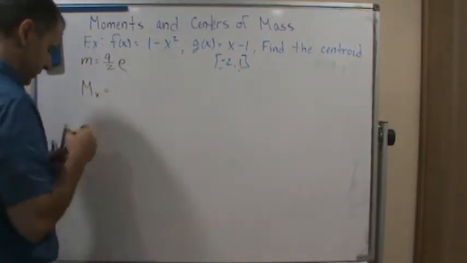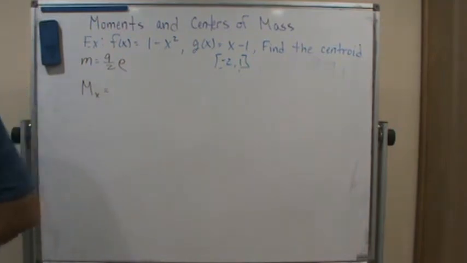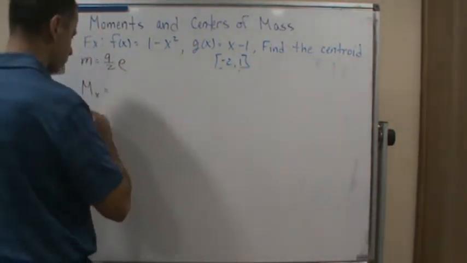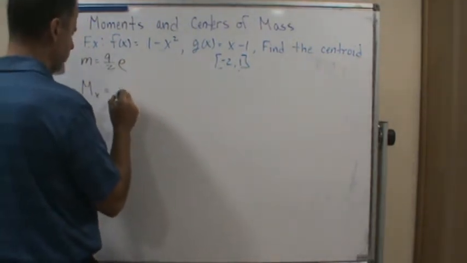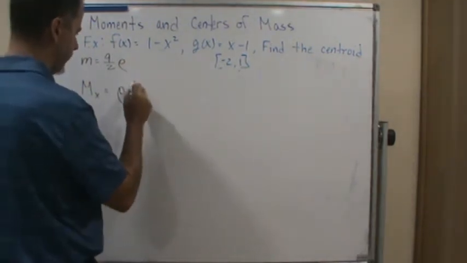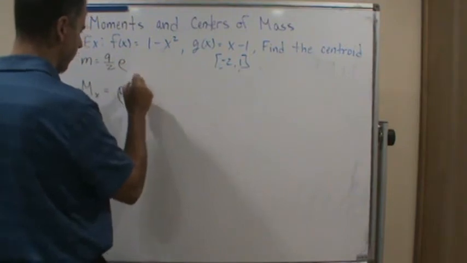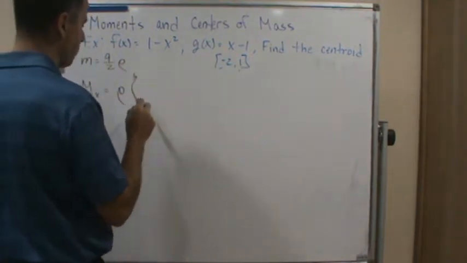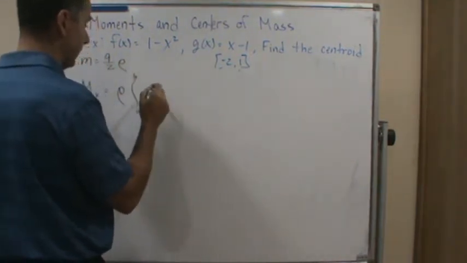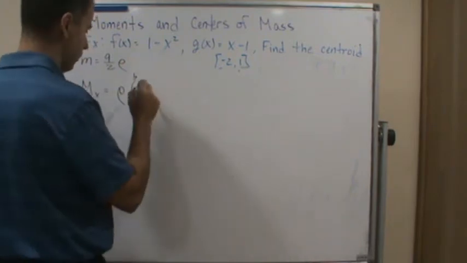the moment of the system with respect to the x-axis. So now what we're going to do is we're going to use this formula. So it's going to be rho times the integral from a to b. And in this case, it's going to be the difference of the squares, right?